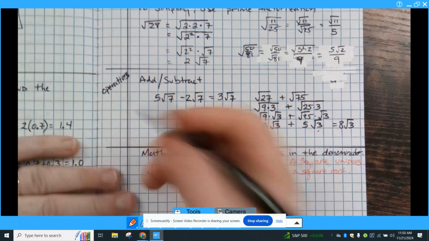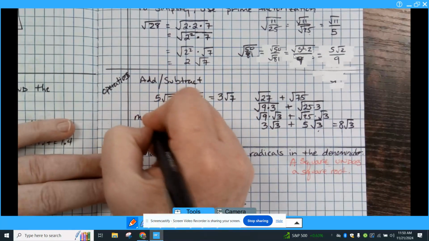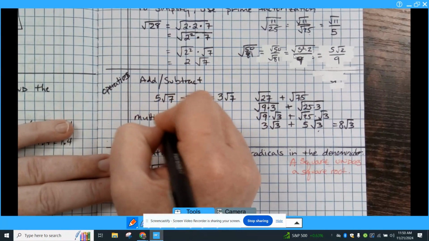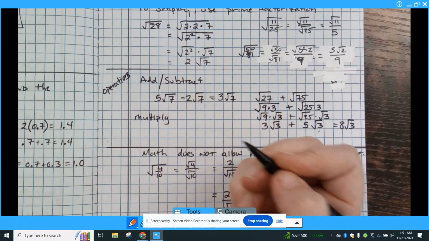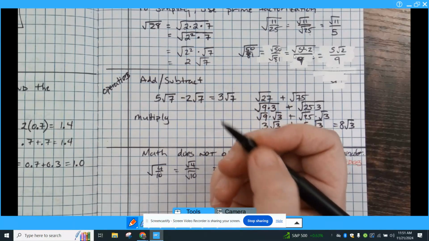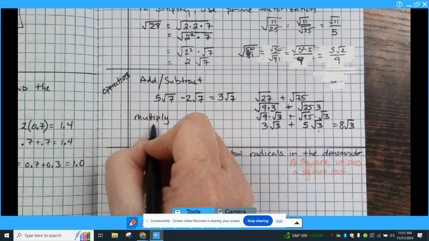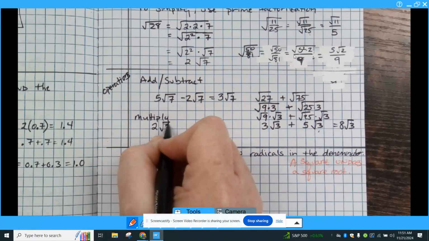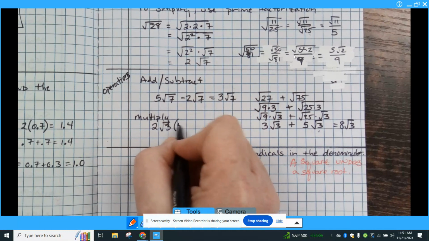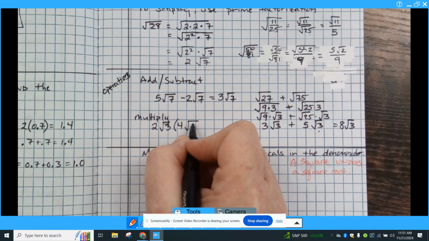Now with multiplication, I forgot to add that in here. With multiplication, you can just multiply anything under a radical. So let's do 2 square root 3 times 4 square root 5.